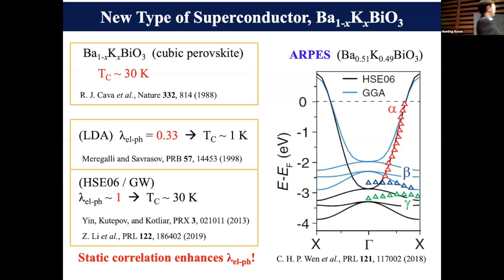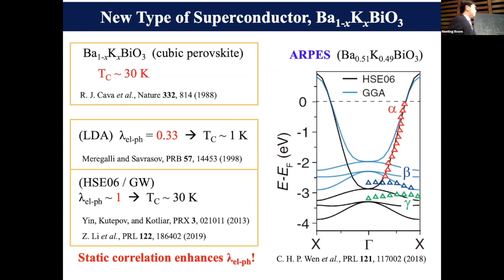Okay, so in 1988, potassium-doped barium bismuth oxide was reported to show superconductivity with a transition temperature of about 30 Kelvin. The electron-phonon coupling constant lambda was estimated to be 0.33 in the ADA method. However, it is too small to explain the observed transition temperature.